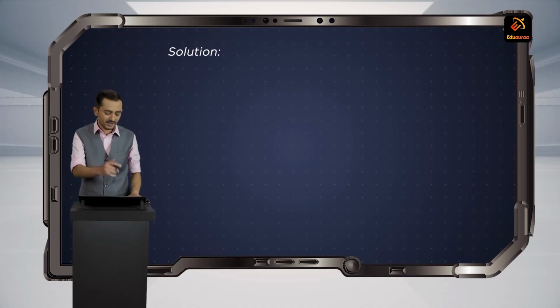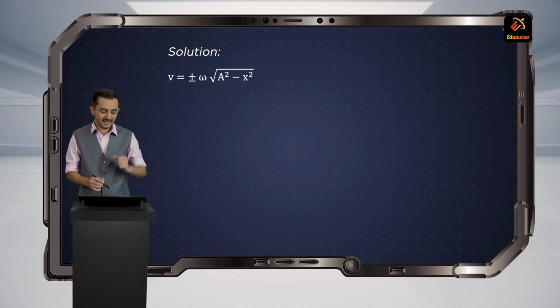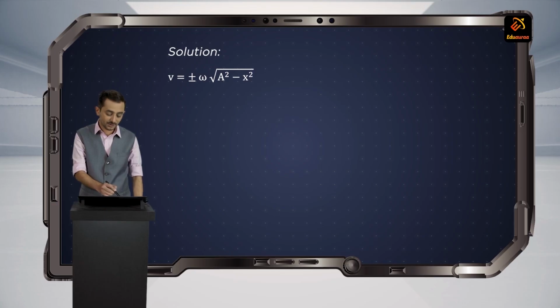Students, to solve this particular MCQ, we are going to use the basic formula for velocity of a particle which is performing simple harmonic motion. The formula for velocity goes like this: v is equal to plus or minus omega into under root of A square minus x square.